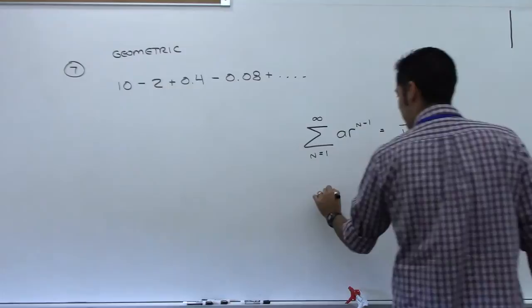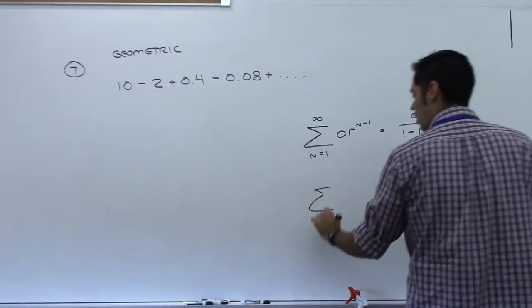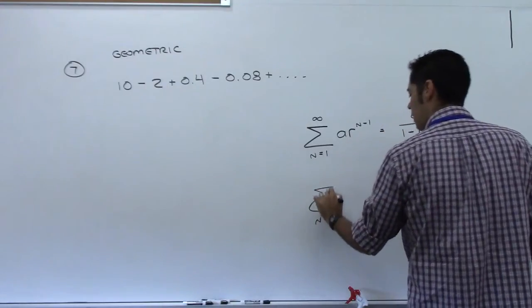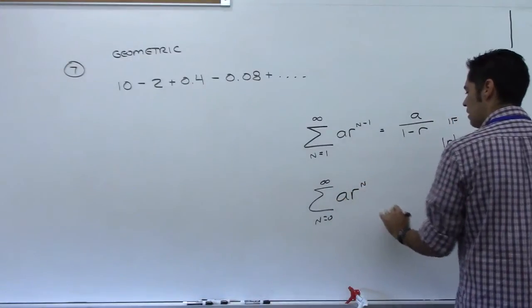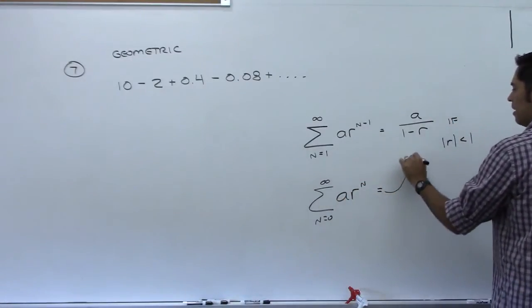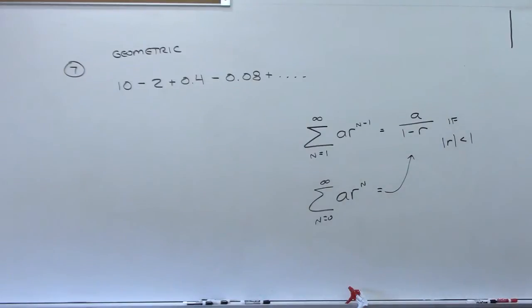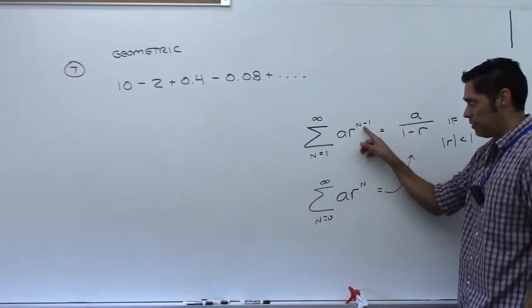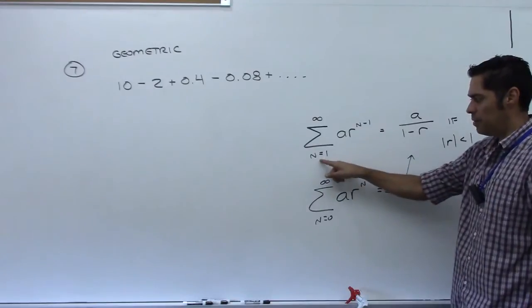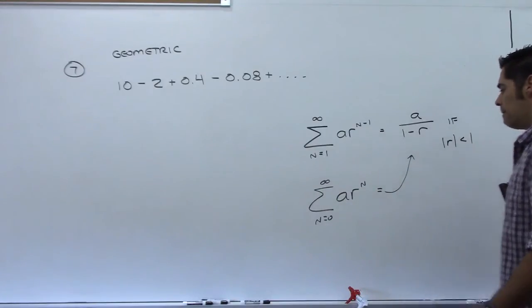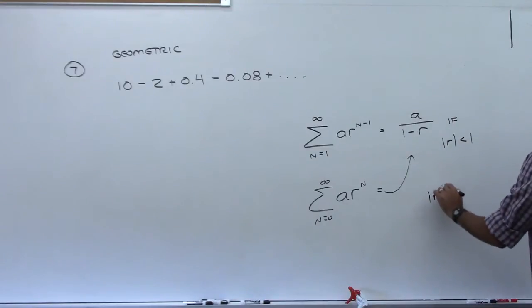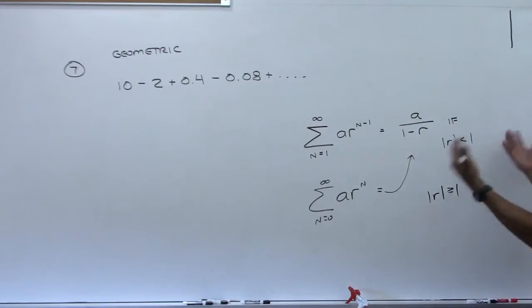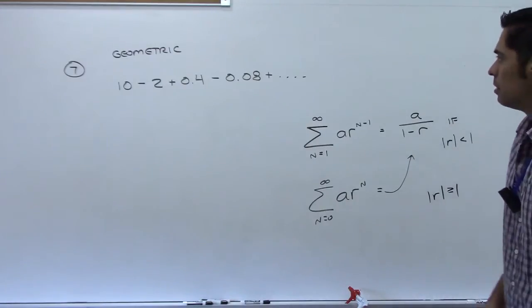We also have, you can change the index from 1 to 0, a r to the n, and this will be equal to the same thing. So all that did was shift the index. That changed from n minus 1 to n. That changed from 1 to 0. So this is our geometric series. If the absolute value of r is greater than or equal to 1, the series diverges.